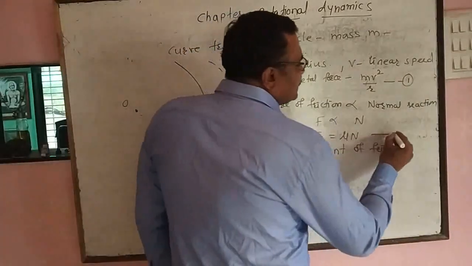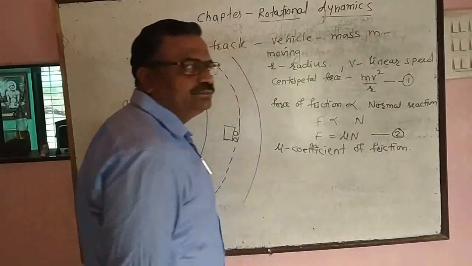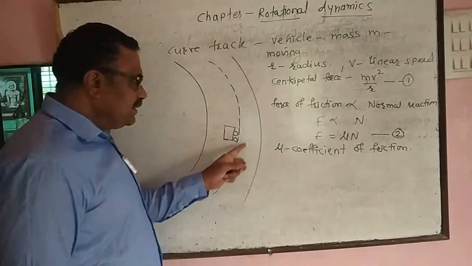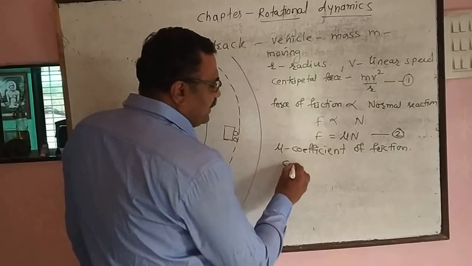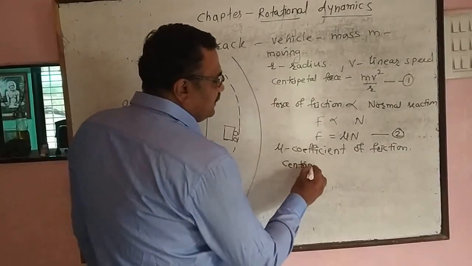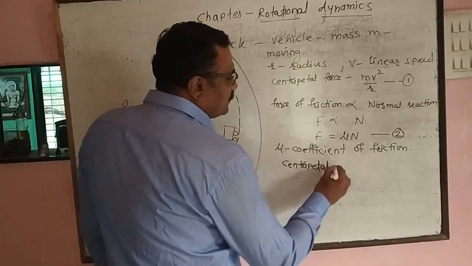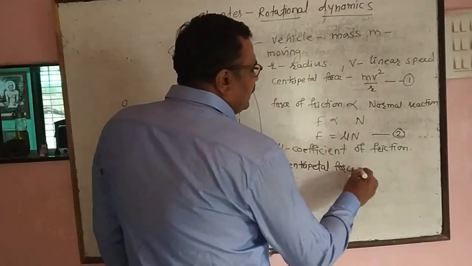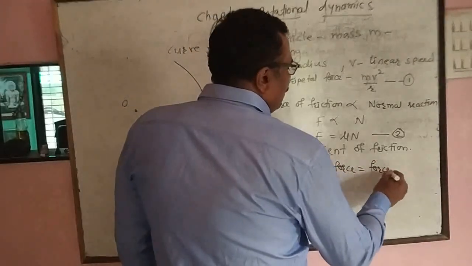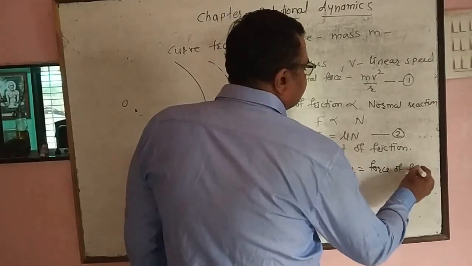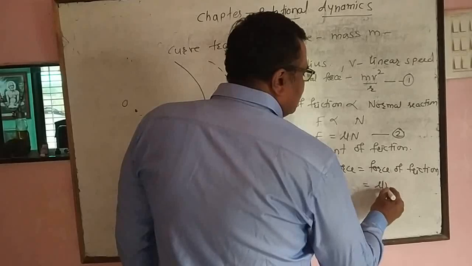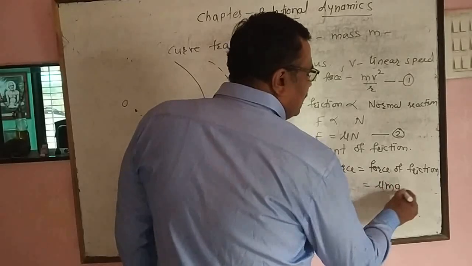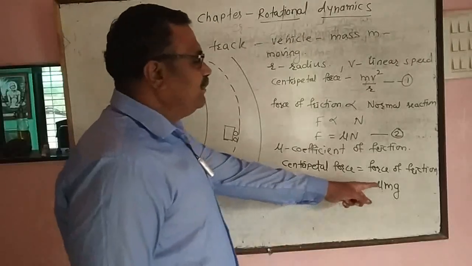Now, this is example number 2. When the vehicle is moving along the track, centripetal force is very essential, and this centripetal force is provided by the force of friction. Force of friction is equal to mu into normal reaction, that is mu into mg.